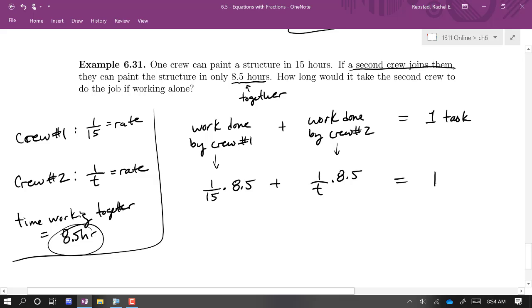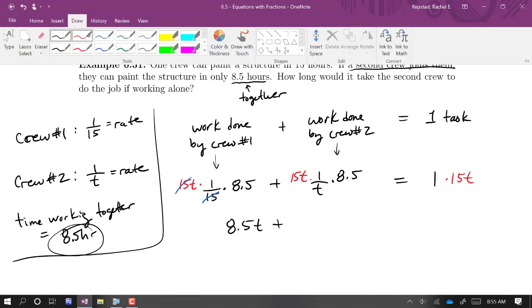So here's an equation that models the problem. We're going to clear denominators. Let's multiply through by 15t. So in the first fraction, the 15s cancel, and we're left with 8.5t.